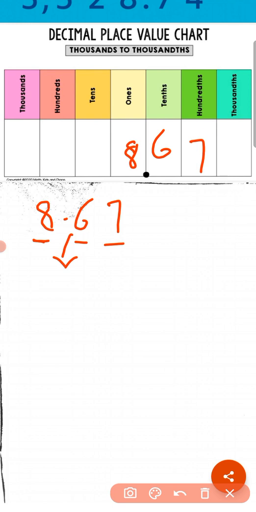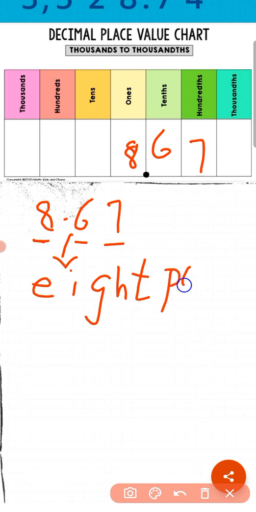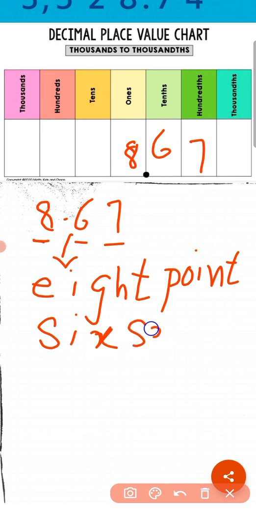Read it as 8 point 6 7. Don't read this number as 67. Read this as 6 7. This point is very important.